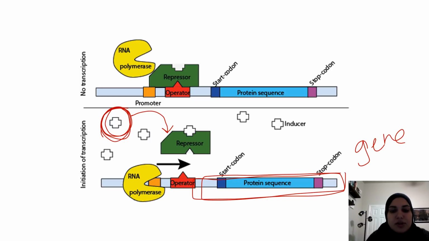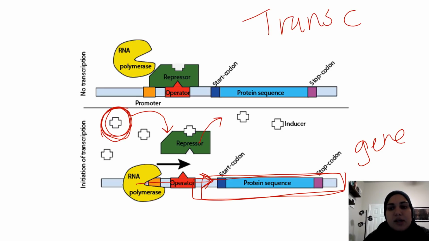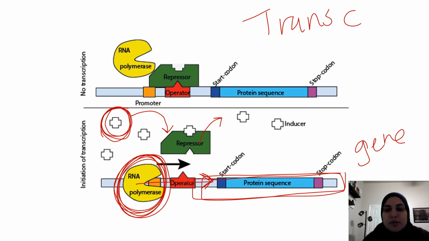If I drink milk, then the repressor will fall off. If the repressor falls off, then that means RNA polymerase can read the gene and build an amino acid. So remember, oh, by the way, for transcription, go back up. RNA polymerase, I forgot to mention this on that slide. RNA polymerase is the name of the enzyme that actually makes RNA. So it's the one that reads DNA and makes RNA.